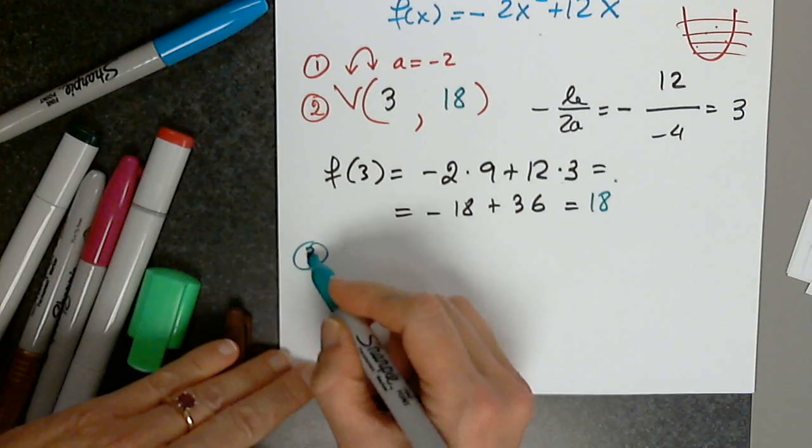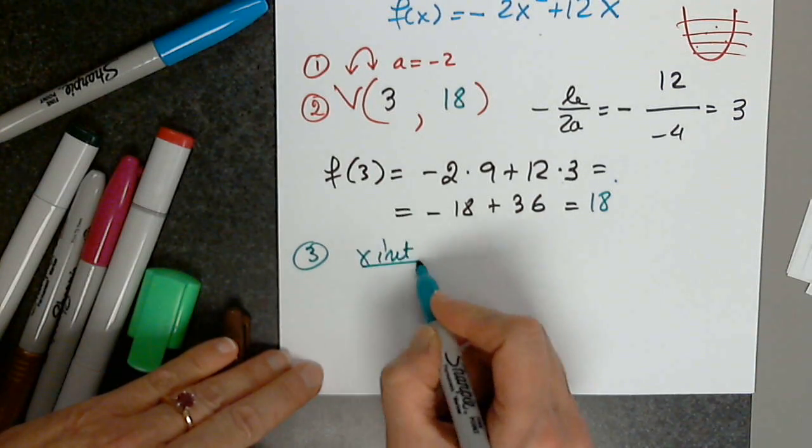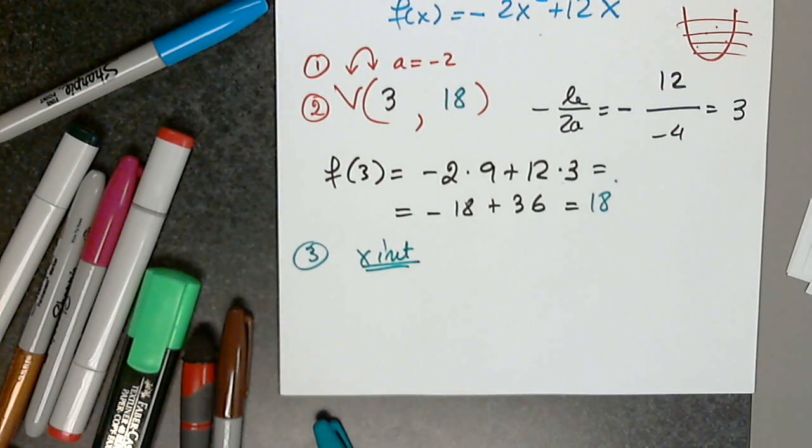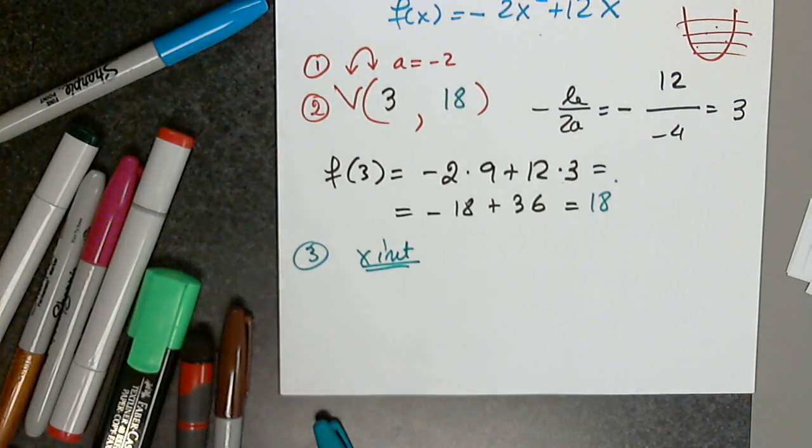Number 3. X-intercepts. Do they exist? I know it would have a maximum. If the y-coordinate of the maximum is positive, the intercepts exist. If the y-coordinate is 0, it's the same as the x-intercept. But if the y-coordinate is negative, it's way below. It will not touch the x-axis.